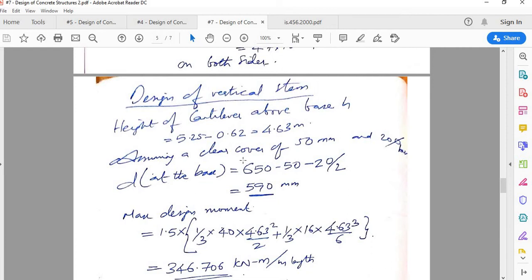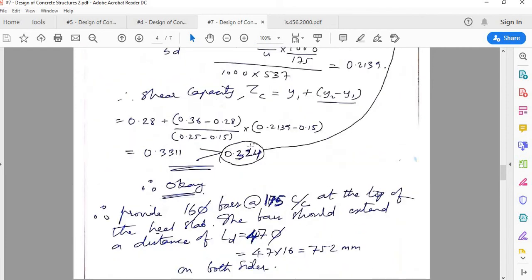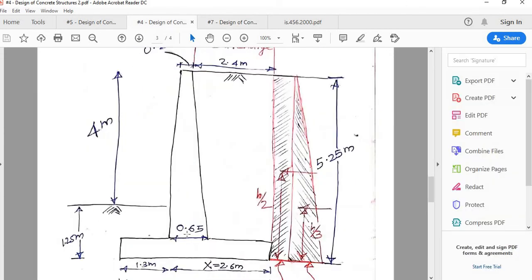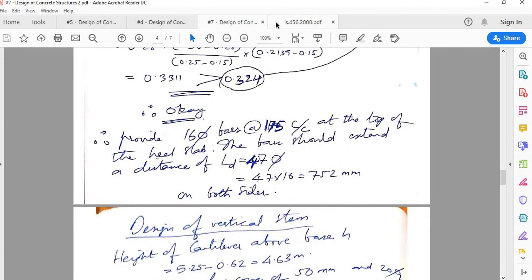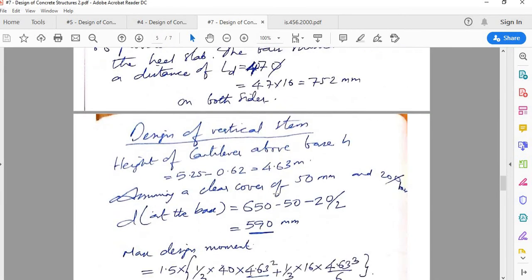For effective depth, the total thickness of stem that we had already arrived at here is 0.65. From that, you subtract a clear cover of 50. Remember, we said for the stem portion we'll give a clear cover of only 50. Assume a 20 dia bar.